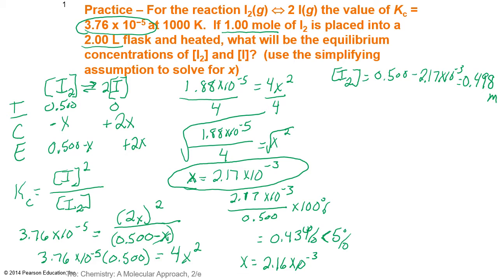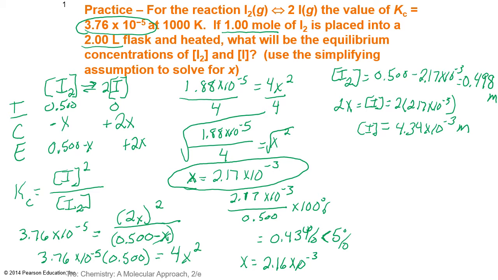And for our I, we get a concentration of 4.34 times 10 to the minus third molar.